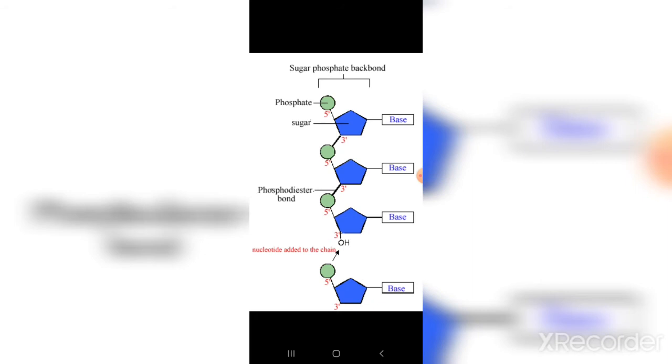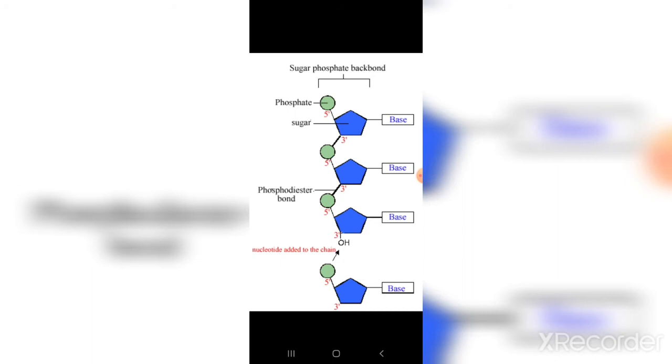Where is the phosphate group attached? In DNA, the phosphate group is attached to the fifth carbon of the pentose sugar, while the nitrogenous base is attached to the first carbon of the pentose sugar.